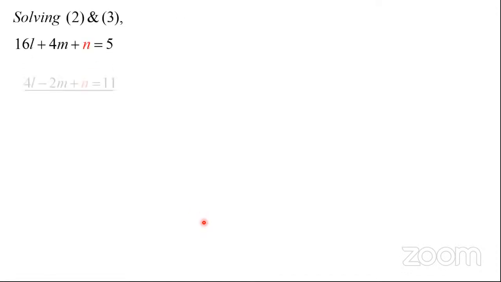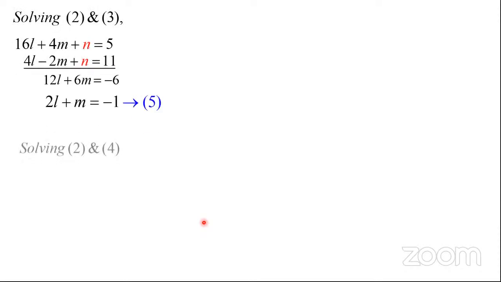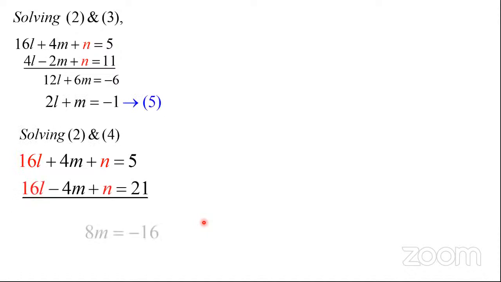taking 2 at a time, we get, look at the question, look at the equations, children. In both the equations, we have n same. So when we subtract, we shall get an equation involving l and m. We have taken 2 and 3 in the beginning, and next we shall take 2 and 4.